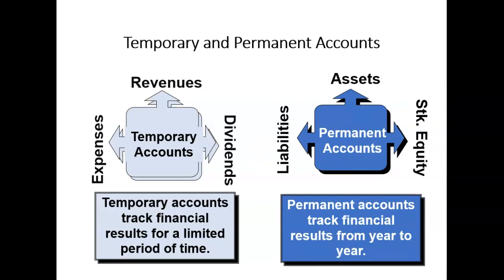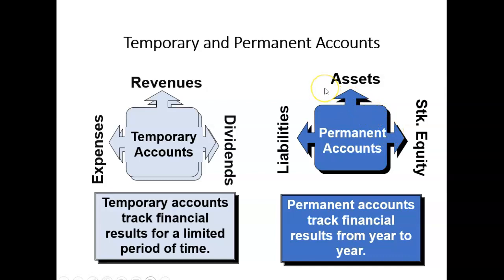If an account is permanent, it means that the account balance will carry forward from one accounting period over to the next accounting period. So the accounts that are temporary are expenses, dividends, and revenue. Those accounts only show balances for a specific accounting period, but the accounts that are permanent are your liabilities, assets, and your stockholders' equity.